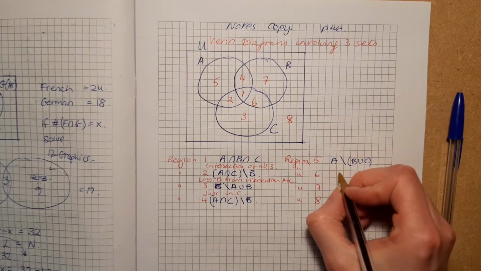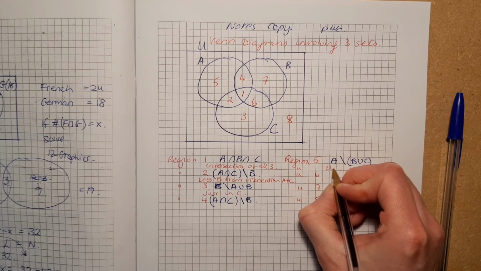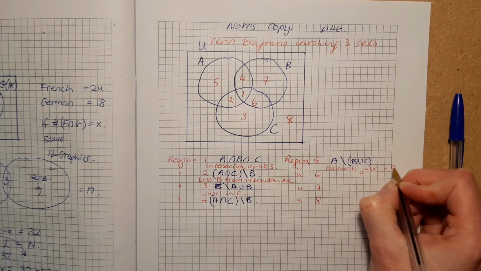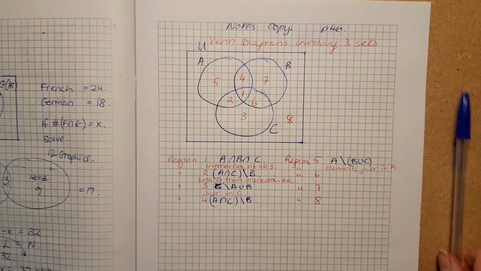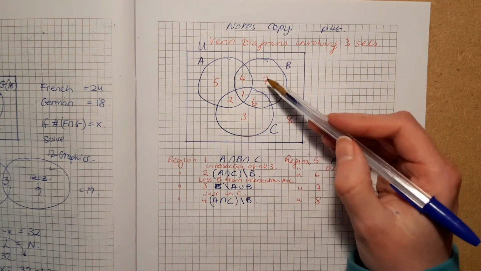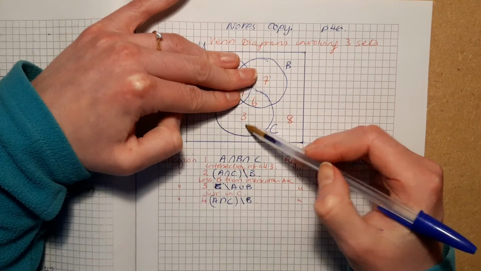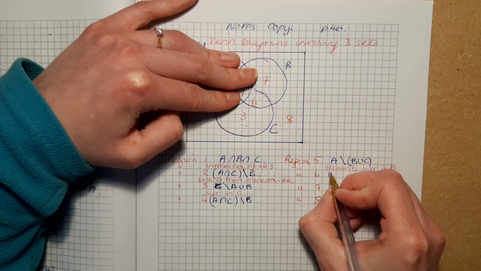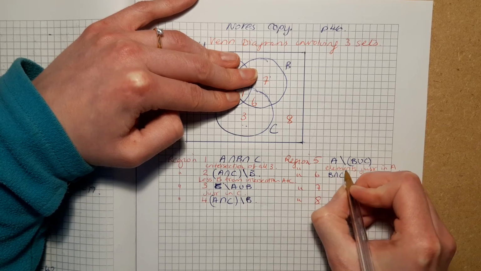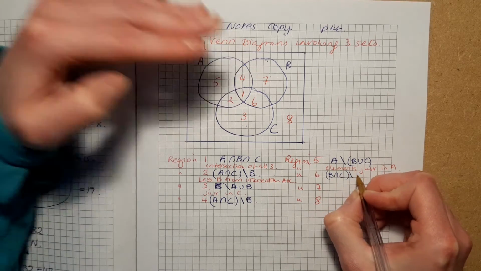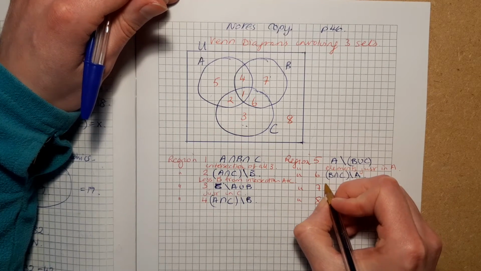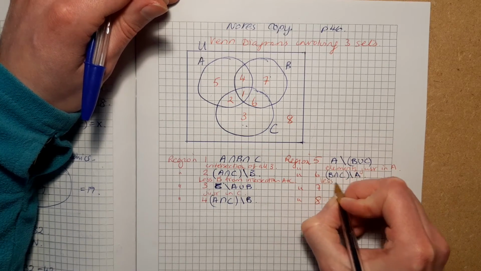So A only, or just elements just in A. Region 6, it's the intersection of B and C, taking out A. Okay, so it's B intersection C less A. So you're lessing A from the intersection.